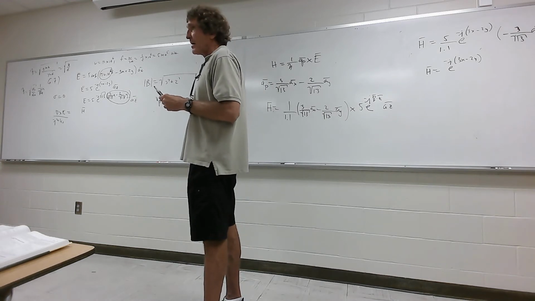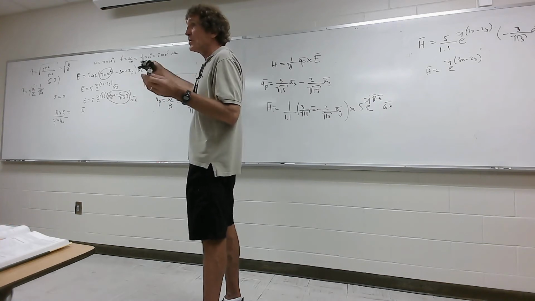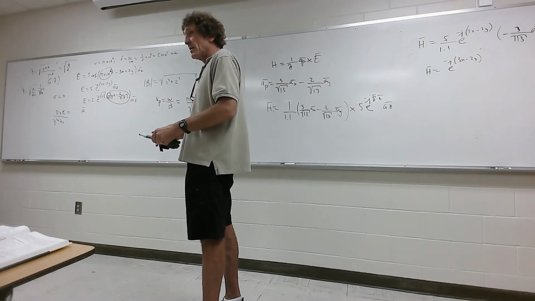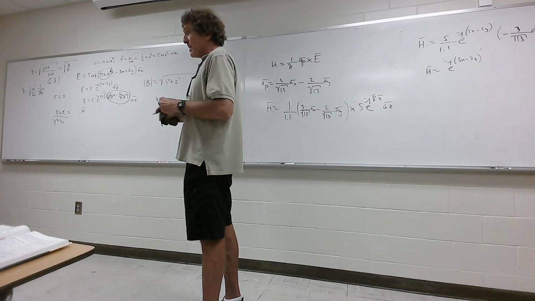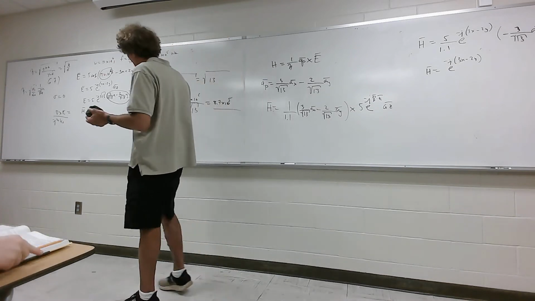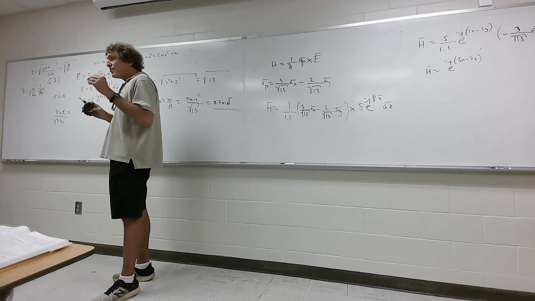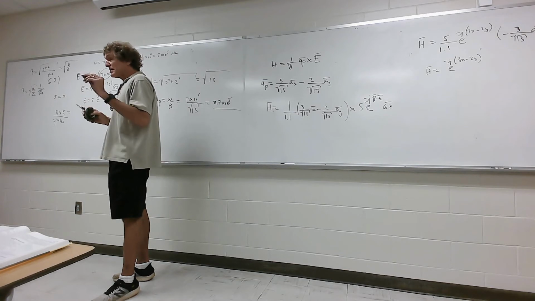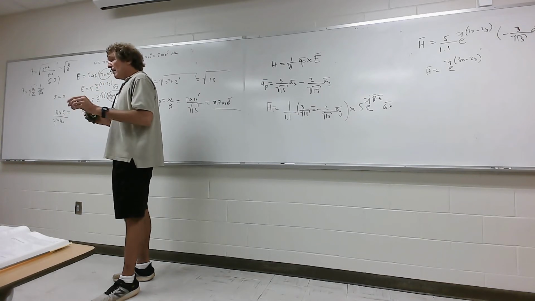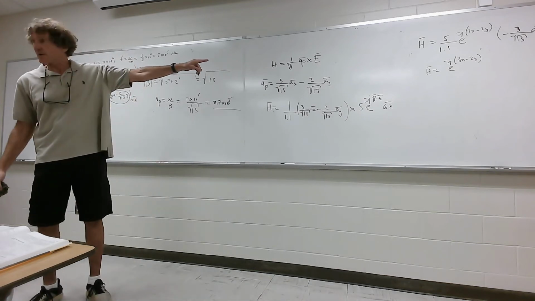You can assume it's lossless by looking at that and not seeing e to the minus alpha z, so sigma is zero. But at that point, that's about it. Then the way I always get it, I get omega and beta and find the phase velocity. Hopefully, you'll be nice enough to say it's non-magnetic somewhere, and then you can get epsilon relative. This is the way I do this, and I always use that trick right there.